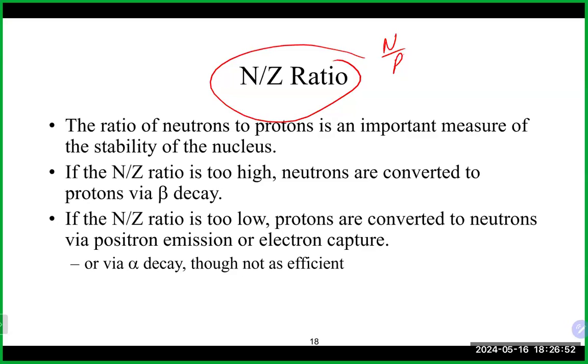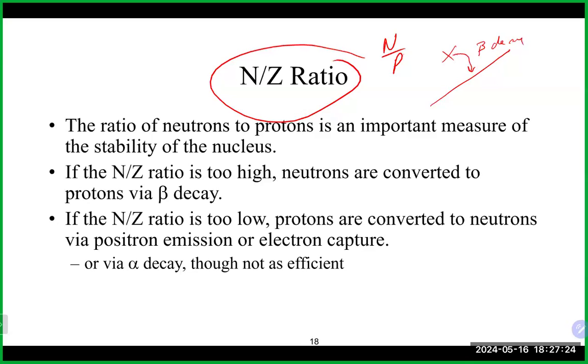Now, if we determine, for example, that the neutron to proton ratio is too high, then we actually will want to convert some neutrons into protons through a beta decay process. It is as simple as your ratio is too high from the stable line, so we're going to try to bring it back down, and the way it's going to do that is a beta decay.